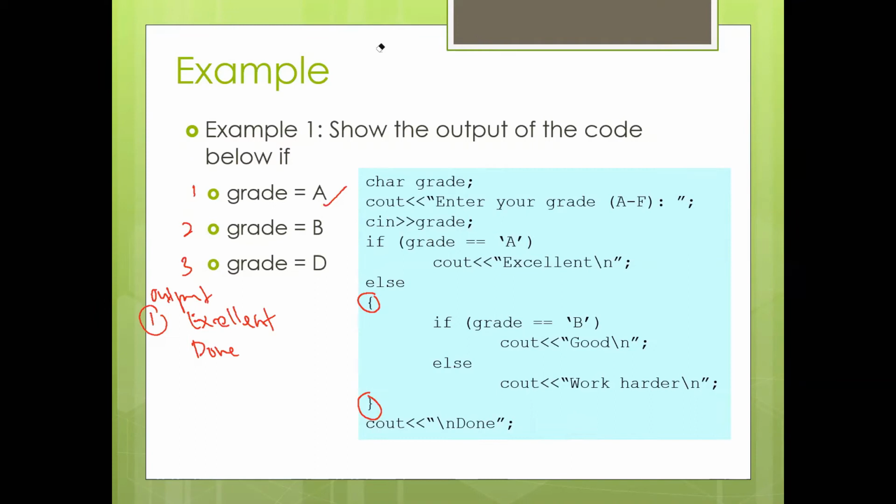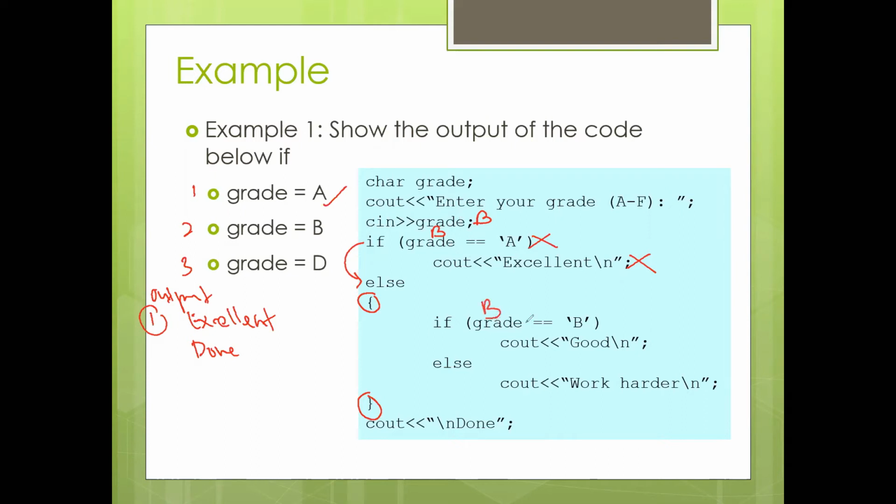Okay, let's try number 2. Number 2 is B. User input B. If grade B, adakah B sama dengan A? Tak. Bila tak, dia tak akan masuk yang ini. Dia akan pergi ke else. Okay, else diterima. So next dia akan check, adakah grade sama dengan B?